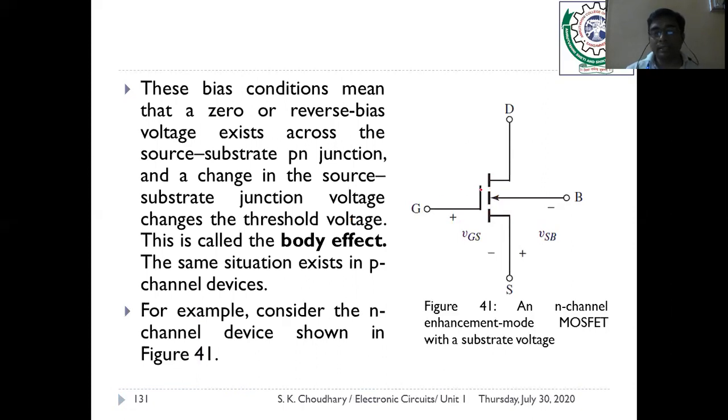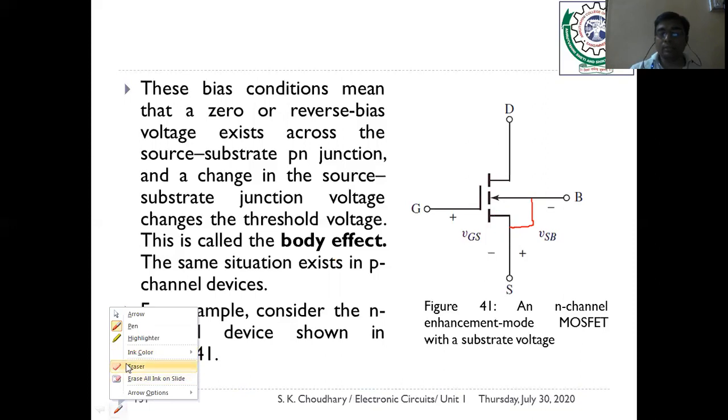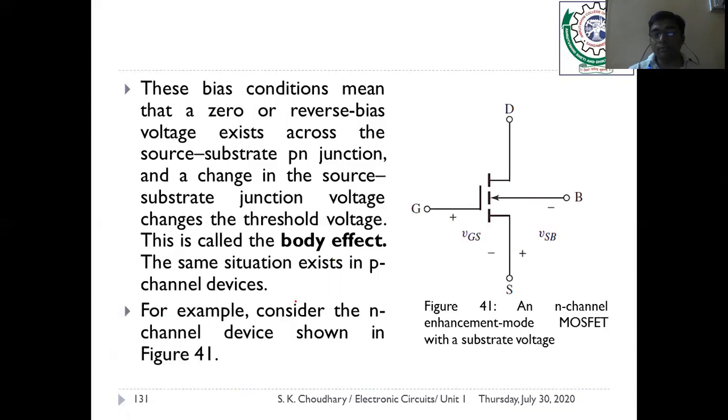This is the gate that is isolated from the rest of the terminals. In the regular MOSFET, the body is connected or shorted to the source. But in this case, it is not shorted with the source, and this is the case according to our reference diagram for the MOSFET M2.